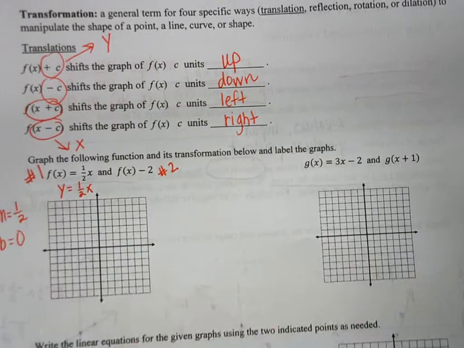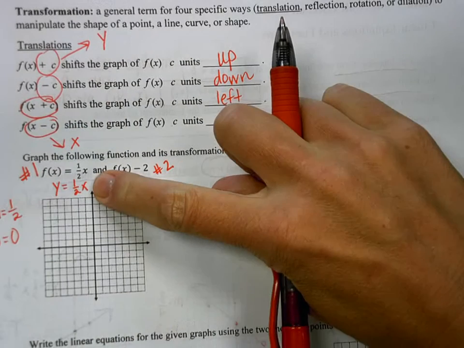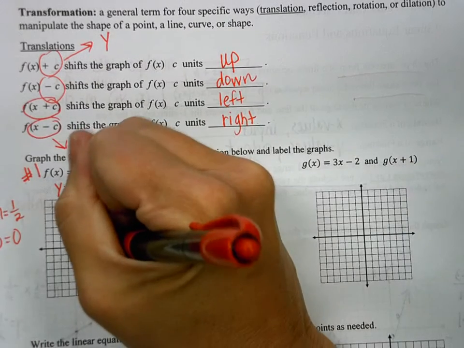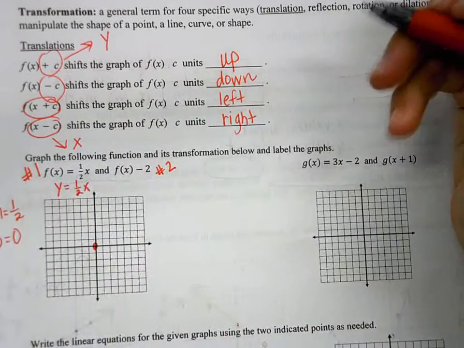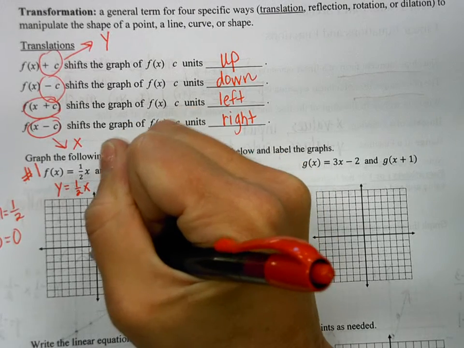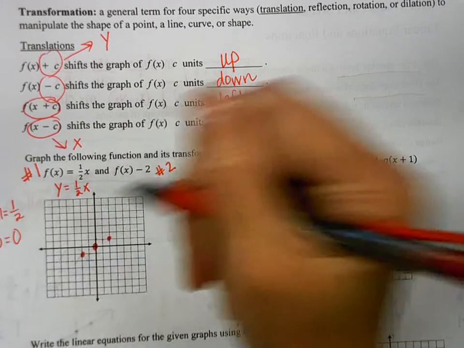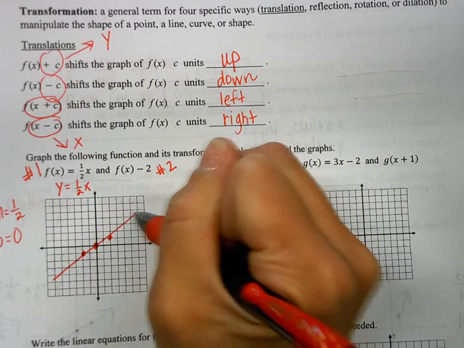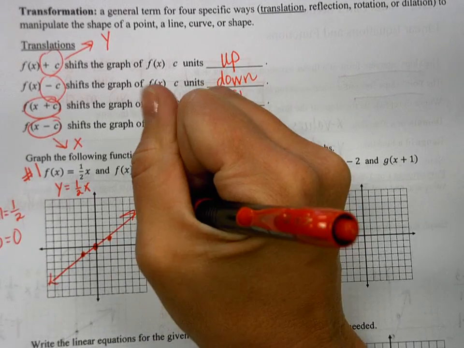Well, there's nothing added at the end, therefore it's 0. Good. So we plot a point at 0, and from there, I'm going to use my slope and go up 1, right 2, or down 1 and left 2. And we'll go ahead and draw this line, and I'm going to label this as number 1.